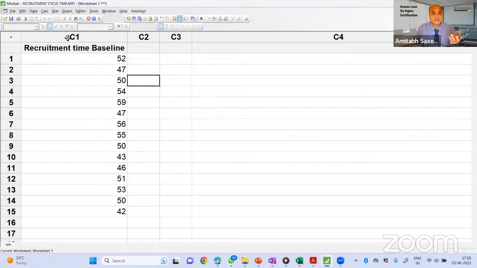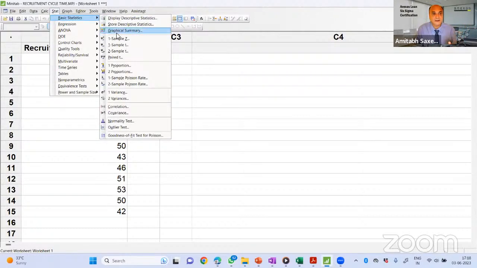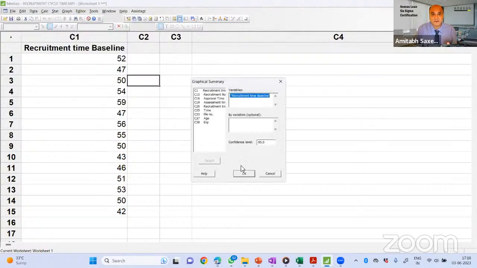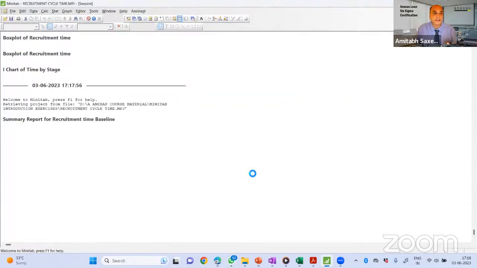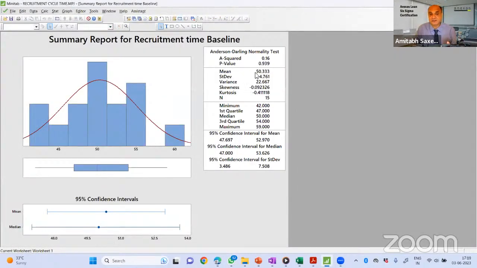So let's say this is recruitment cycle time, and I just make a histogram out of it. It tells me that the average is 50 days. Standard deviation is around 5 days. That is how a typical histogram looks.